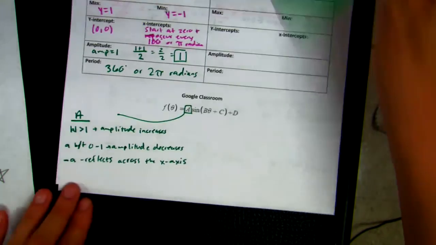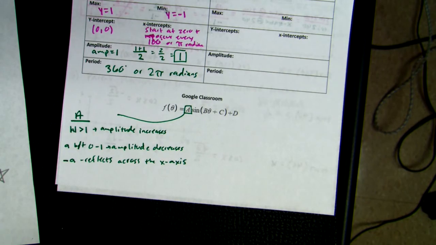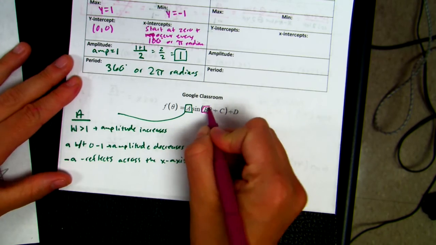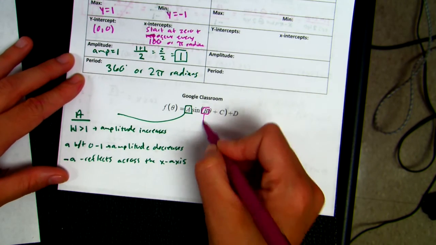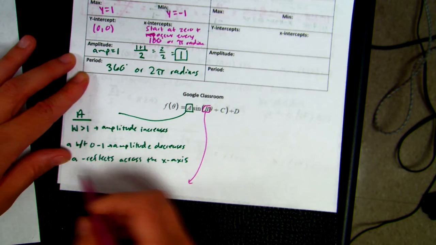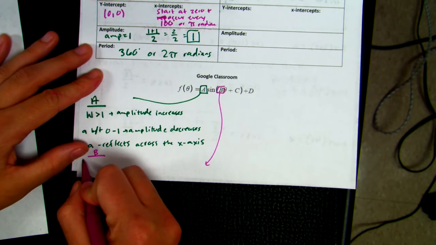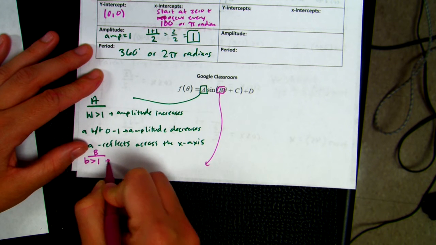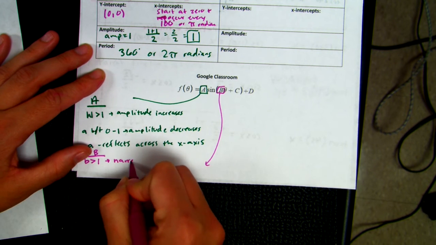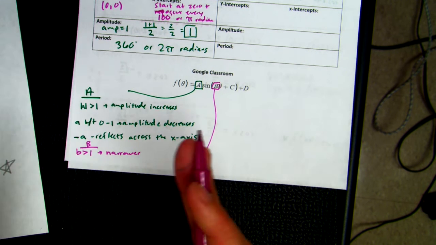Okay. Next one we are going to look at is b. I'll draw it down here. For b, if b is greater than 1, your function will get narrower, so it'll get compressed.